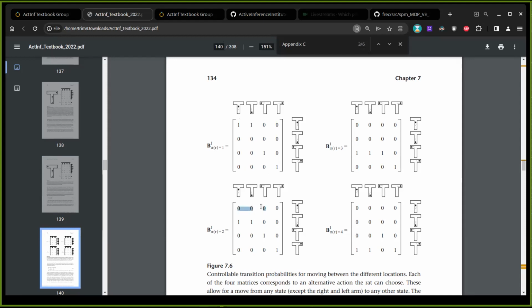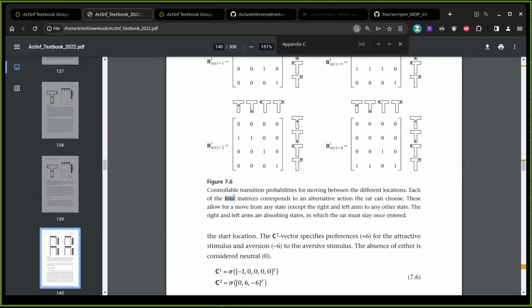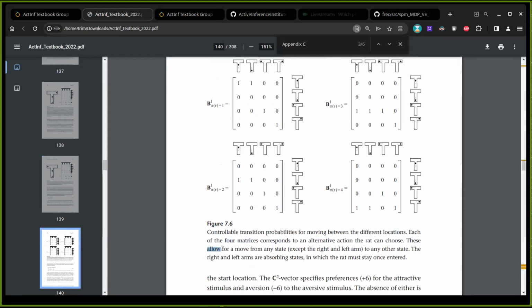And so there are certain states that you can't... this is 4 matrices that the rat can choose. They allow for a move from any state except for the left and right arm to any other state. However, the right and the left arms are absorbing states.